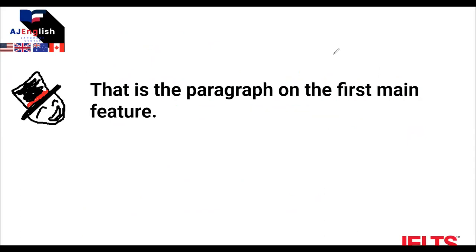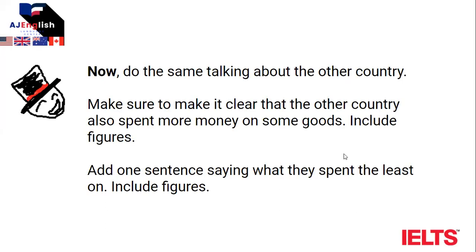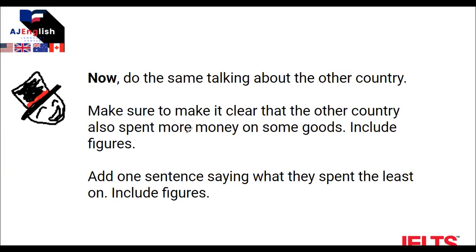So moving on, there's a graph. Now, do you want to do the same? Talk about the other country. Yes. What did the other country do? How did they spend their money? Where did they spend more money on? Include the figures. And then add one sentence saying that they spent the least money on what?